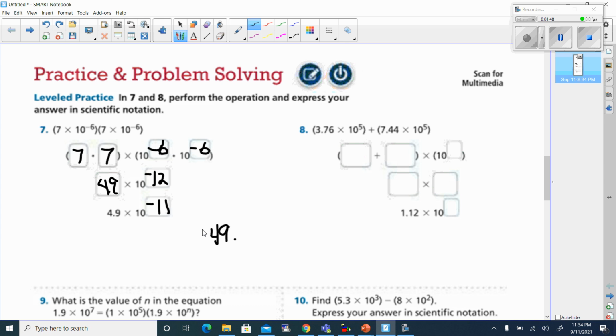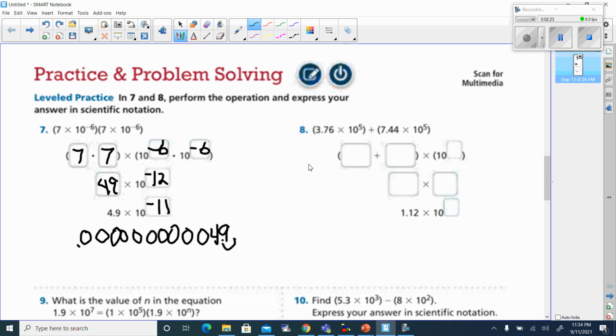Then 12 zeros, so that'd be 12 places: 1, 2, 3, 4, 5, 6, 7, 8, 9, 10, 11, 12. But when we move this decimal over 1 to make it 4.9, now let's count it: 1, 2, 3, 4, 5, 6, 7, 8, 9, 10, 11. That's why it's negative 11.